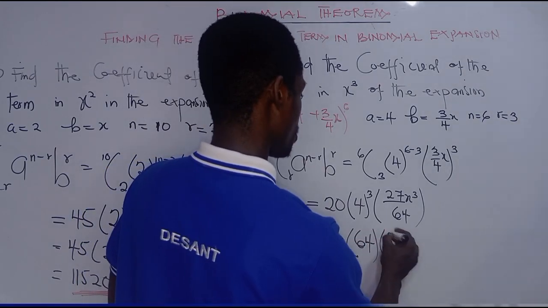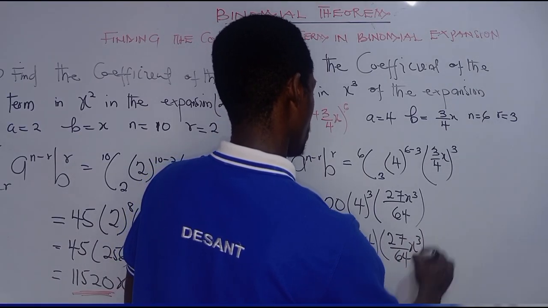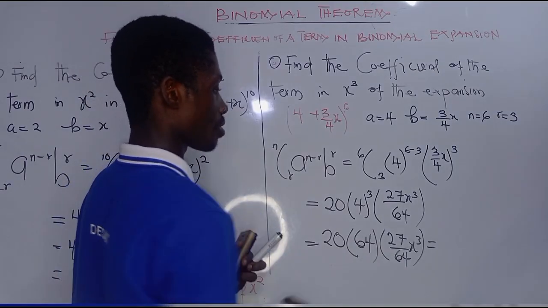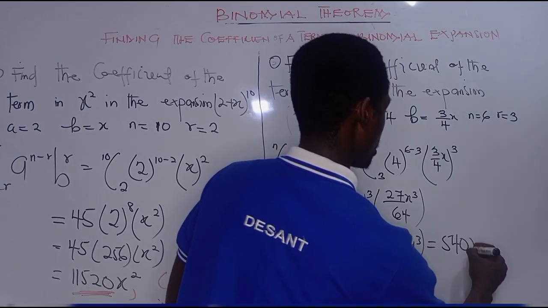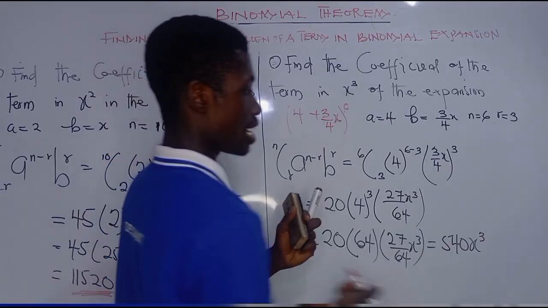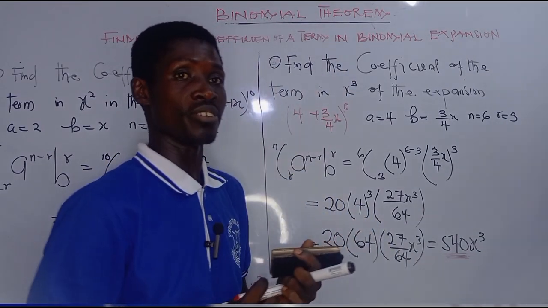So we have 20, and then we have 27 over 64 x raised to the power 3. Now the rest is calculator work. When you multiply all of these, you are going to get 540x raised to the power 3. Therefore, the coefficient of x cubed is 540. Very, very, very easy.